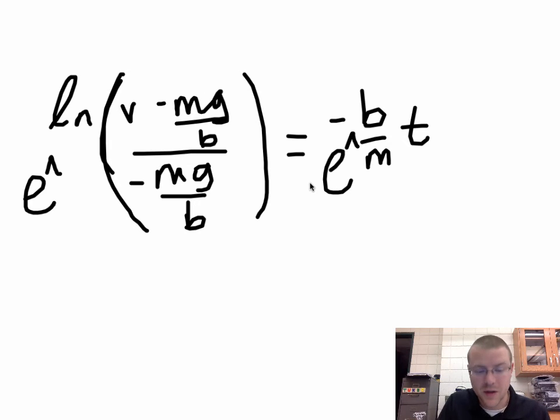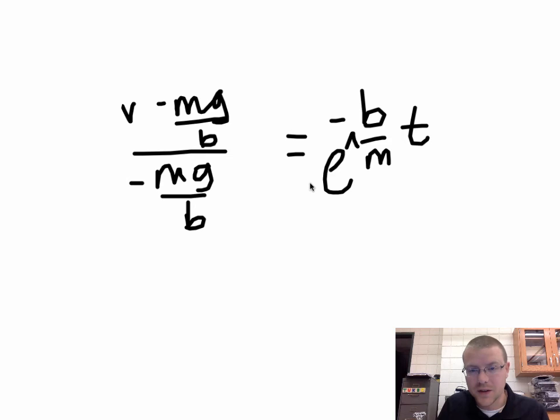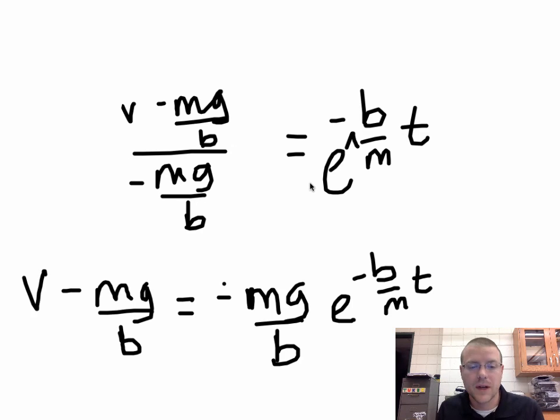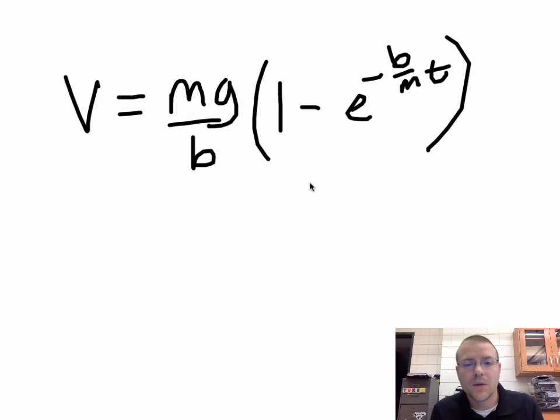What that does is eliminate my natural log and leaves on the other side e to the negative b over m t. I'm going to solve for velocity, so I'm going to move that negative mg over b to the other side, getting rid of that constant on the left side of my formula. So looking at my final setup here, this is my velocity as a function of time as the drag force increases on me.